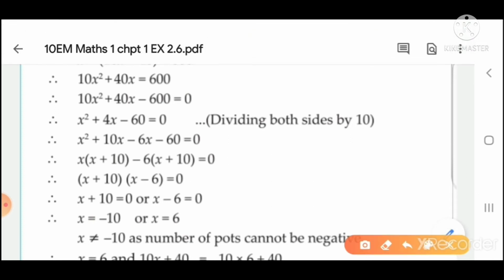You know the sign before 60 is minus, which means you have to take two numbers whose product is 60 and whose difference is 4, the middle term. That is 10 and 6: 10 times 6 is 60 and 10 minus 6 is 4. So I will write x squared plus 10x minus 6x minus 60 equal to 0.